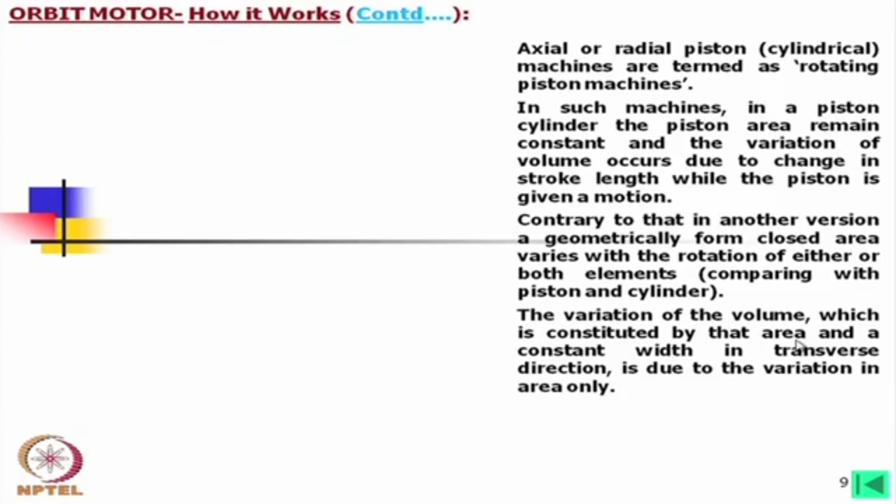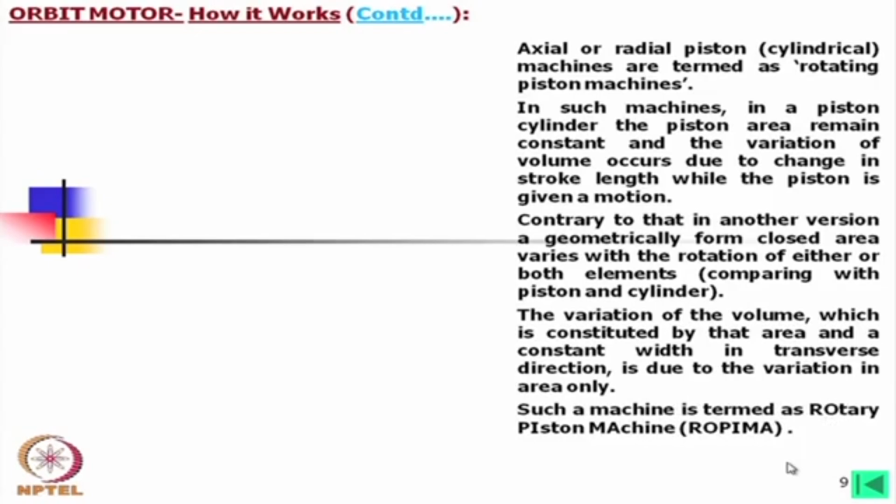So, if we equate the time variation of the area, that will give the volume displacement of the machine for a unit area, unit width. Such a machine is termed as a rotary piston machine, which is called ROPIMA.